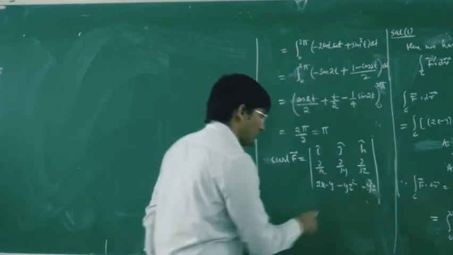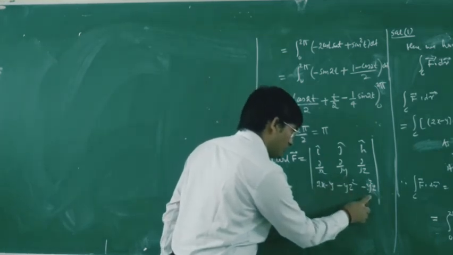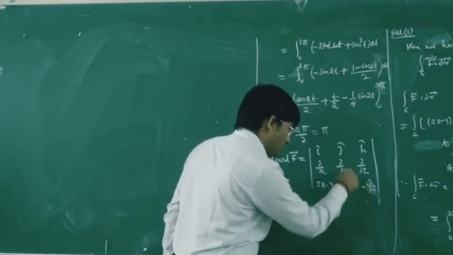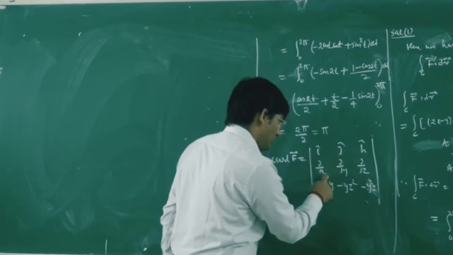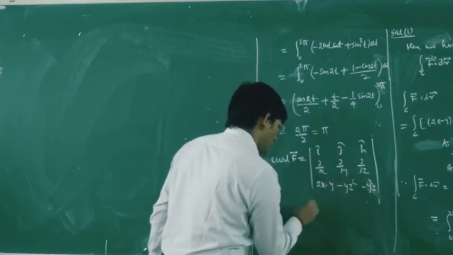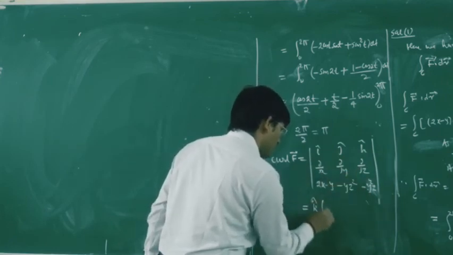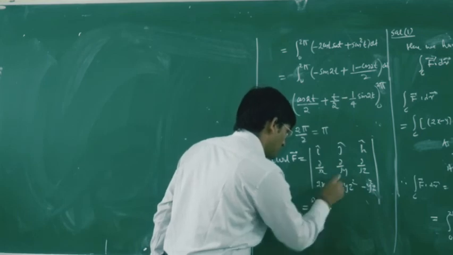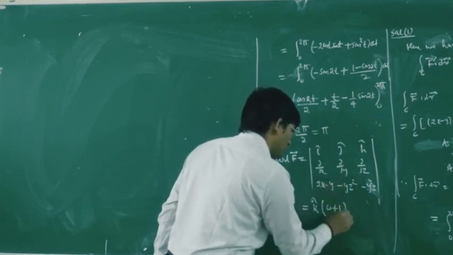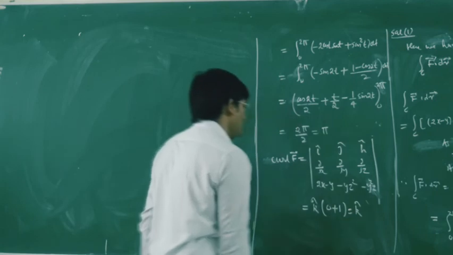So this is equal to, now the first term will be 2yz, and this will be again 2yz, so this will be 0. For j, again we have 0. For k, this will give you 0 plus 1. So this curl F is k cap.